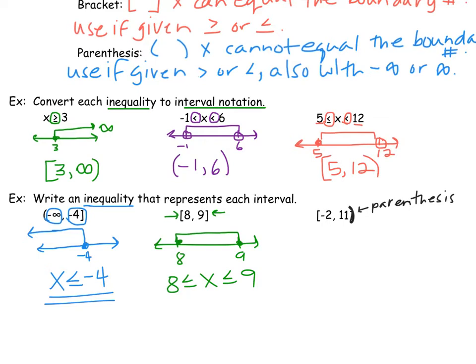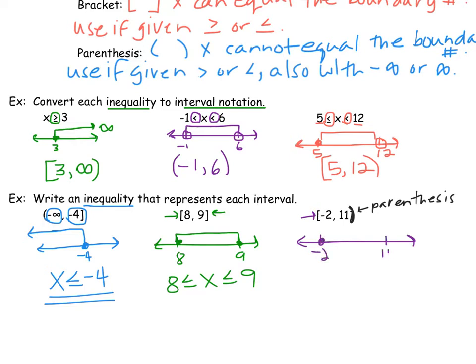For that last example, I wanted to change it up just a little bit. I changed the bracket with the 11 to a parenthesis. I just wanted to show you one more scenario that might help us out. For this problem, negative 2 on the left has a bracket, which means it can equal negative 2 on that left-hand side, and we'll use a closed dot to represent that.